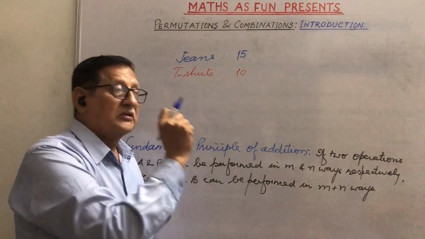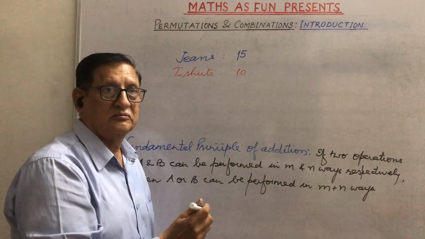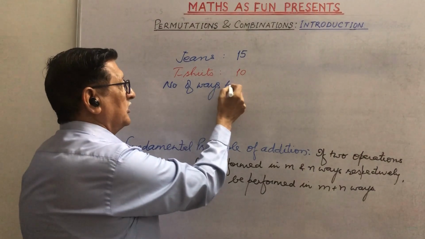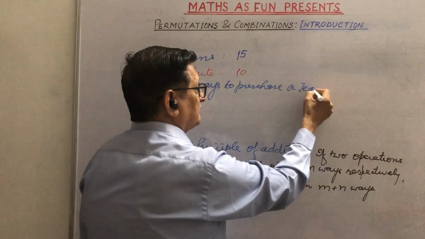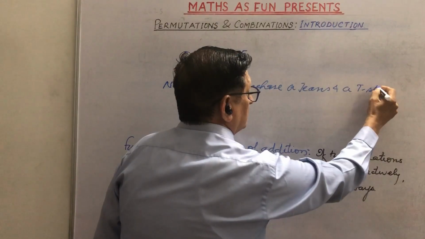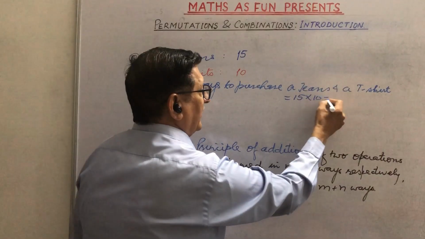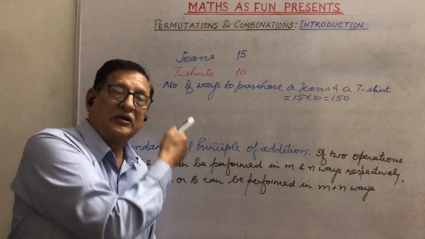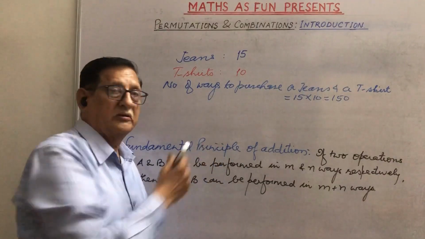And that's why the number of ways to purchase a jeans and a t-shirt will be 15 into 10, that is 150. And here we can say the fundamental principle of counting or multiplication has been applied.